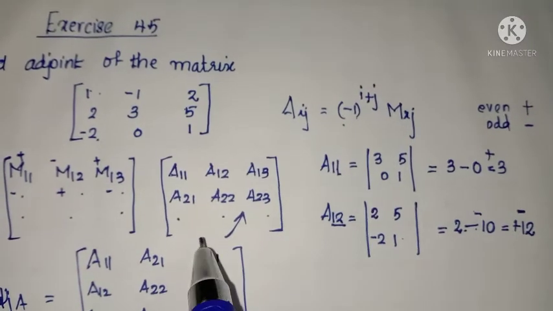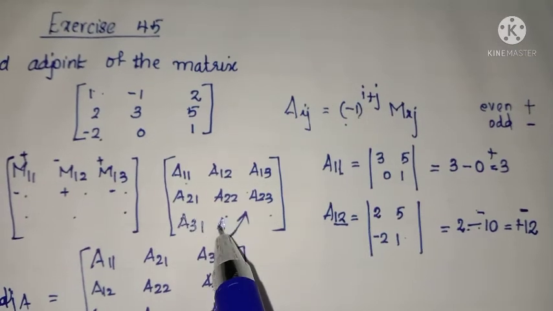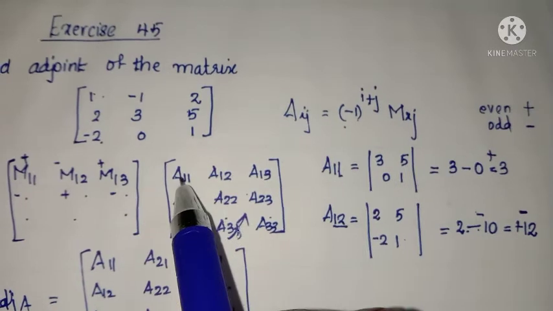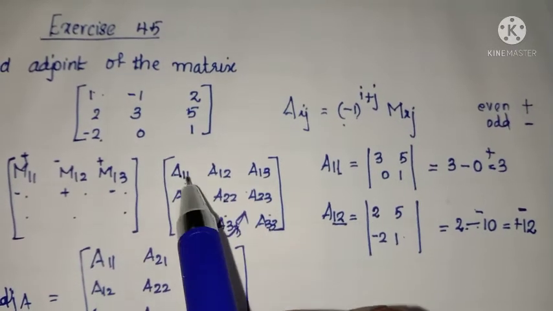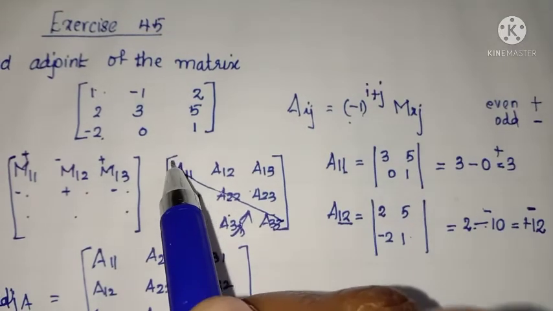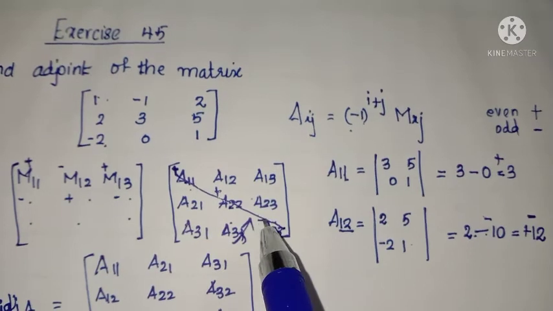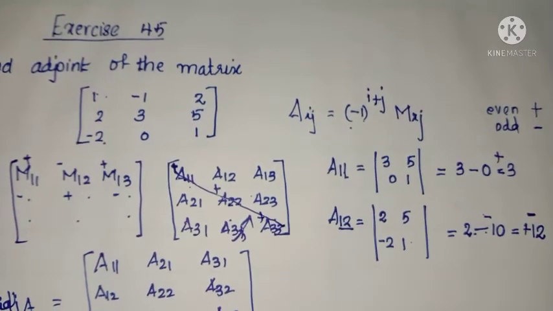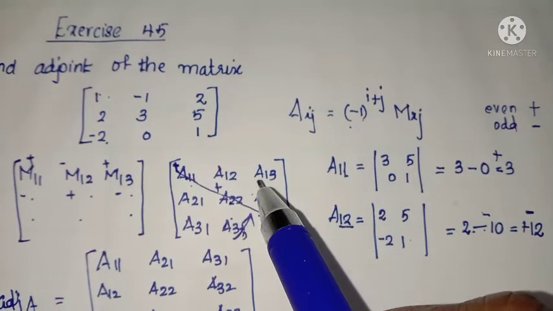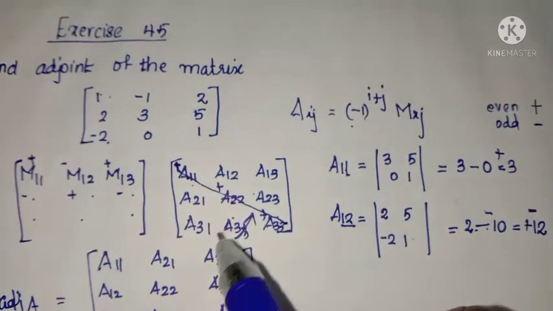Otherwise, listen, in this cofactor matrix, the diagonal elements are A11, A22, A33. Give a positive sign to all these diagonal entries and a negative sign to non-diagonal entries.